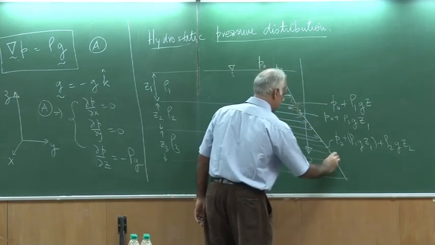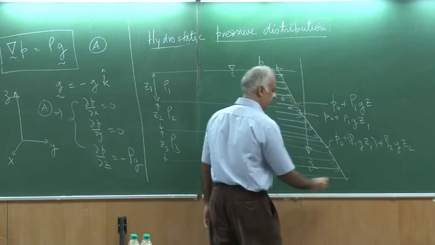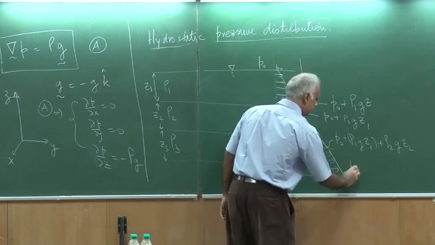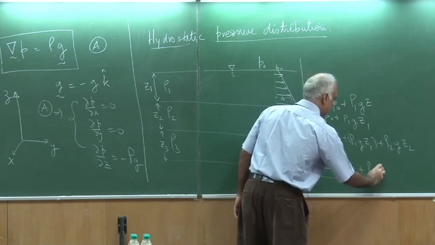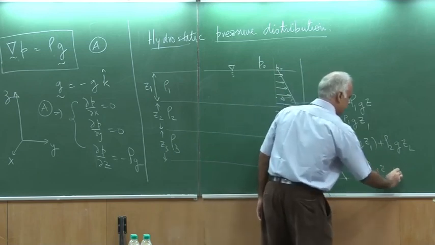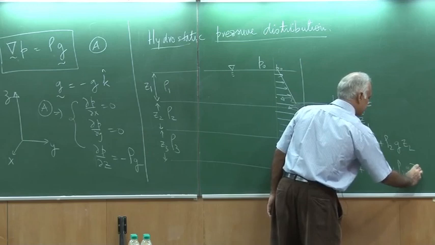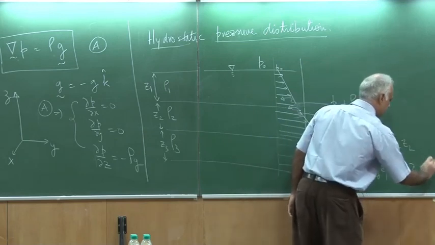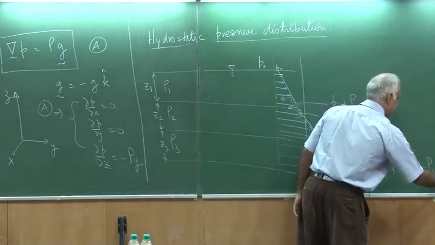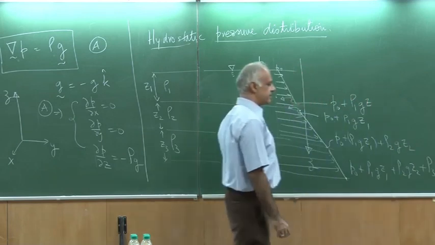So, this would be the pressure here, and this value at the end would be P naught plus rho 1 g z1 plus rho 2 g z2 plus rho 3 g z3.